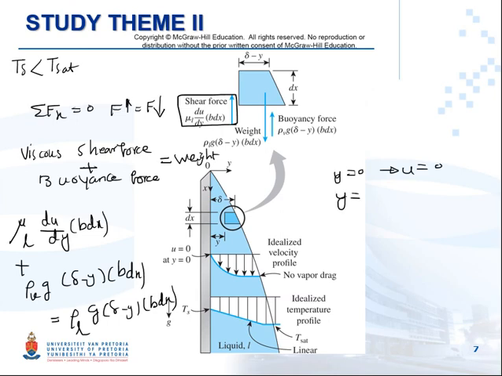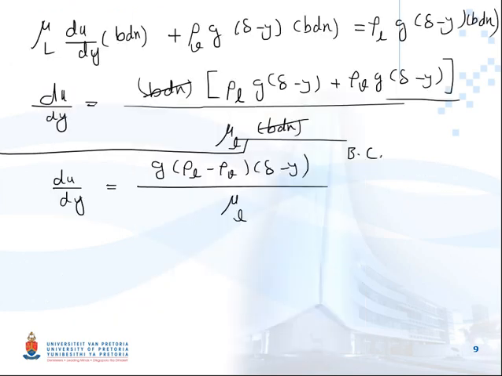And that at y equal to delta, u follows the velocity profile? So the boundary conditions, we have 2: no slip, the speed at the surface is 0, and at y it follows the velocity profile.